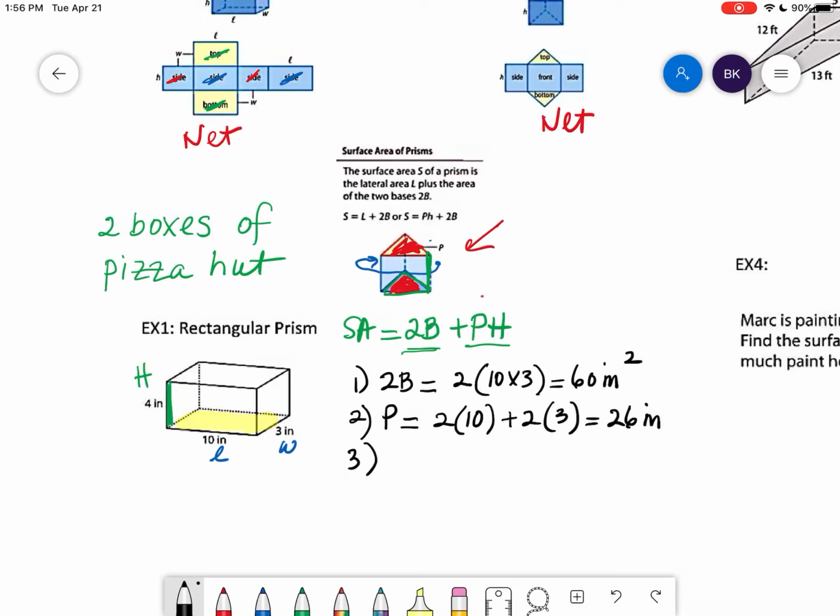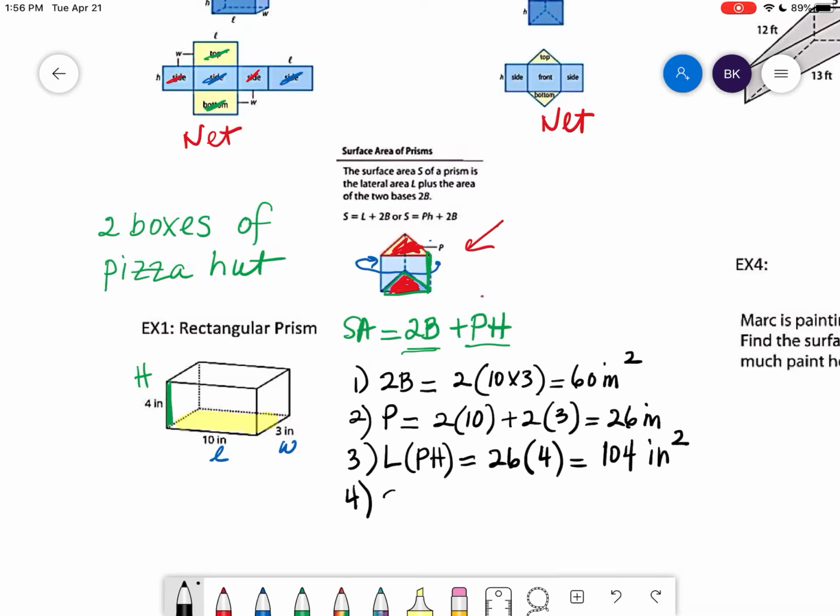The third step is your lateral area, or your Ph, which is found by multiplying the perimeter, which we already know, and that is 26, times the height of the prism, which is 4. And your answer is 104 inches squared, ladies and gentlemen. Again, L, or Ph, is lateral area, and area is always squared.